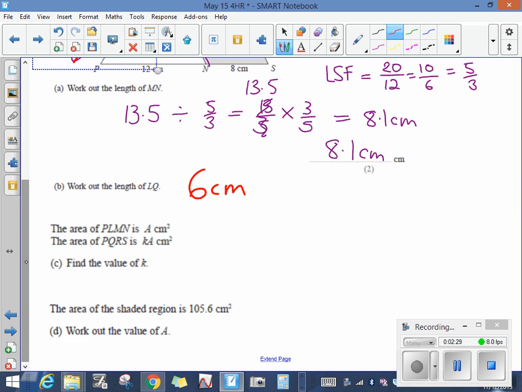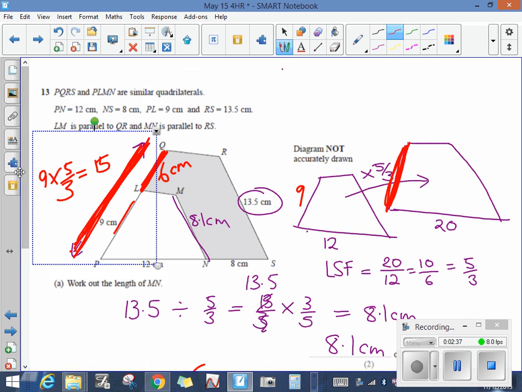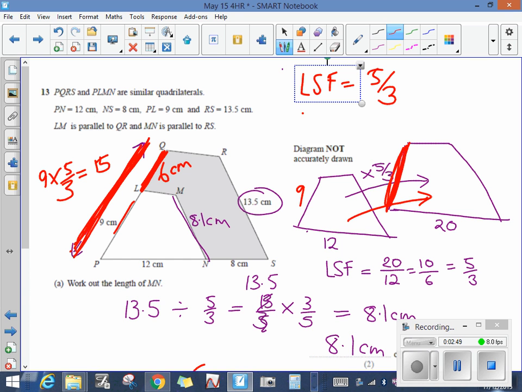Okay, next is a bit more difficult. The area of PLMN is A, the area of PQRS is KA. So PLMN is this one, so that's the smaller, and the big one is this. They're saying, what do we multiply the areas by? Well, we know that the length scale factor is 5 over 3, and you should know then that the area scale factor, which in this case is what they're calling K, is what you multiply the area by.